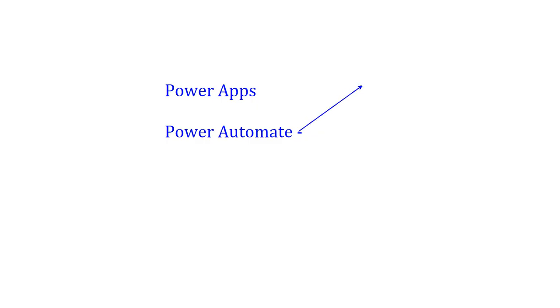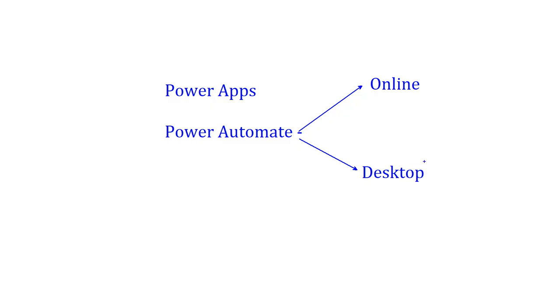Like Excel, like Power BI. Power BI also has two things, right? One is Power BI Desktop, another one is Power BI Service. Same like that, Power Automate also has an online version as well as a desktop version.